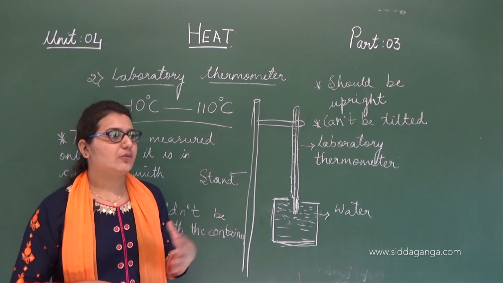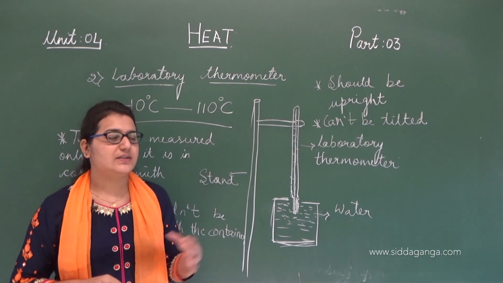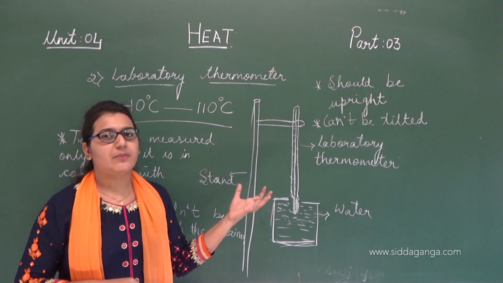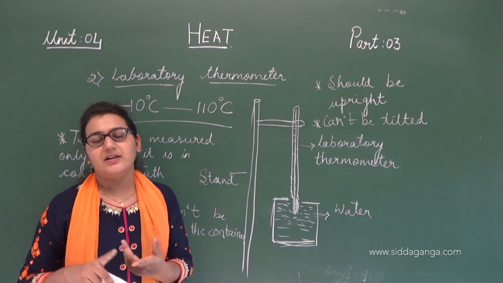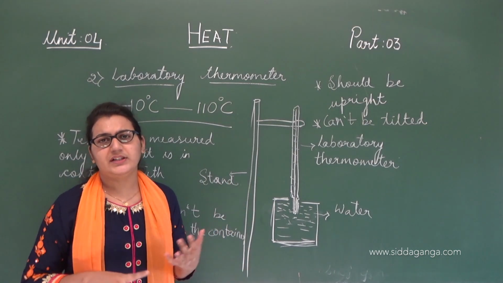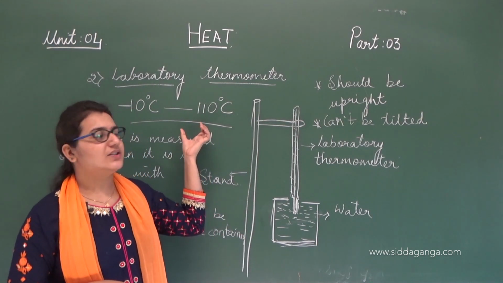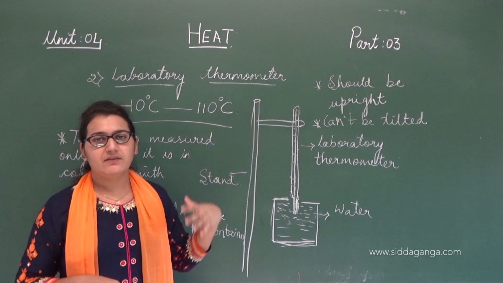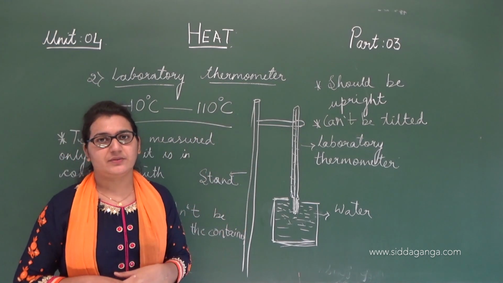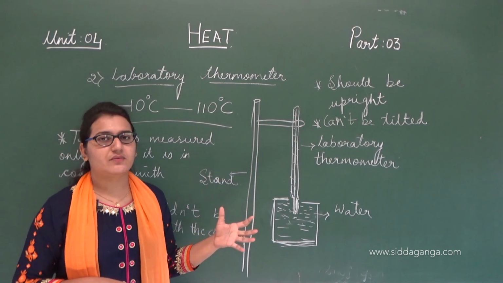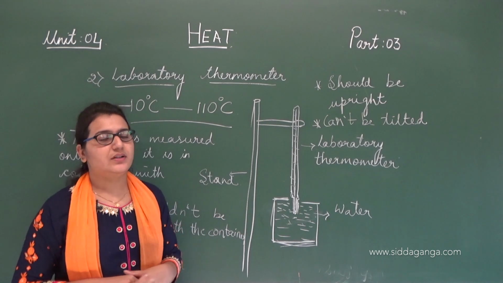Apart from human beings, this can be used to measure the temperature of any object. Like I said, we can measure the temperature of water, coffee, tea, ice creams also, because the minimum of its range is -10, so even cold things we can measure. These are the basic uses of this laboratory thermometer.